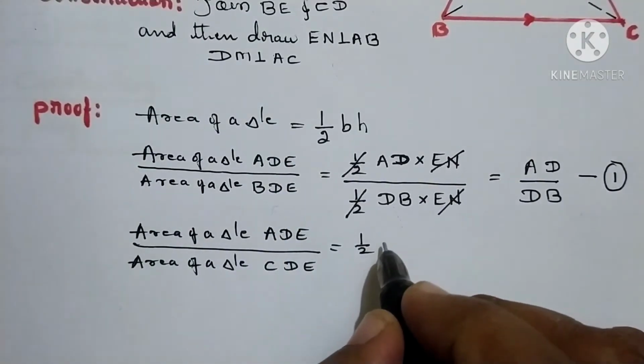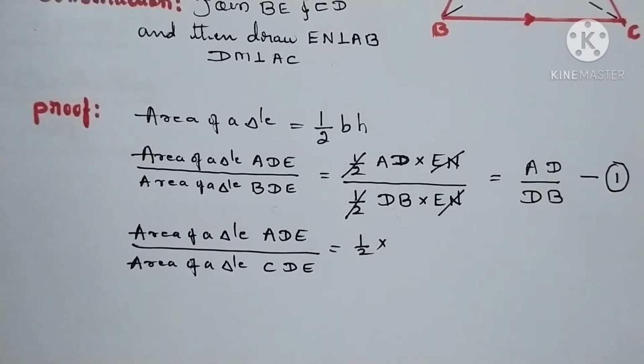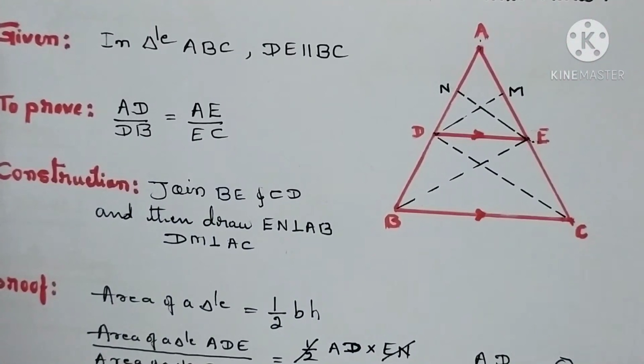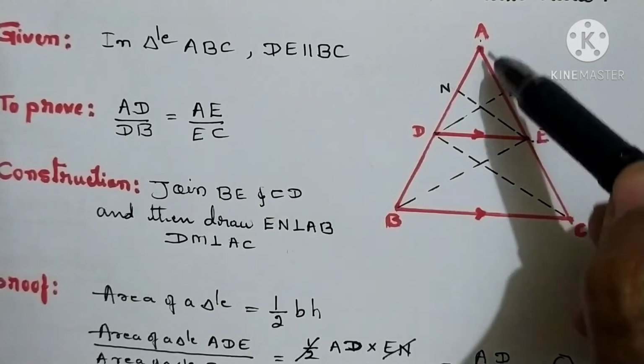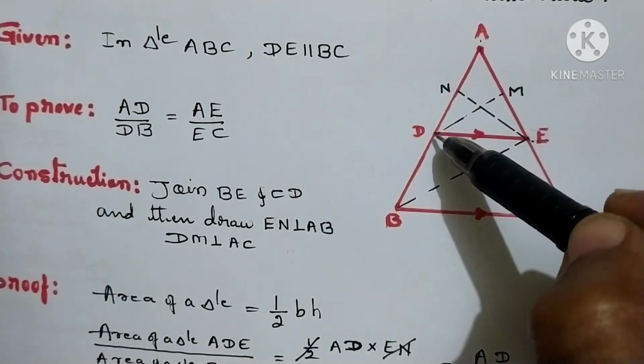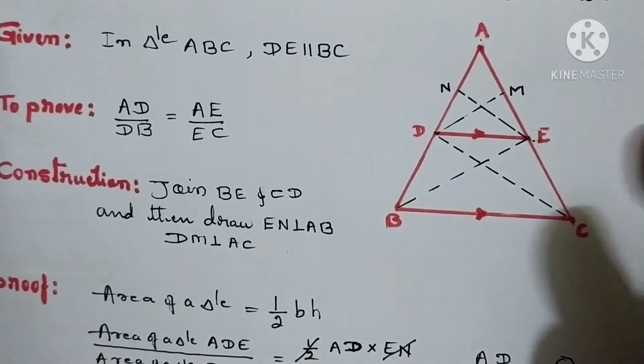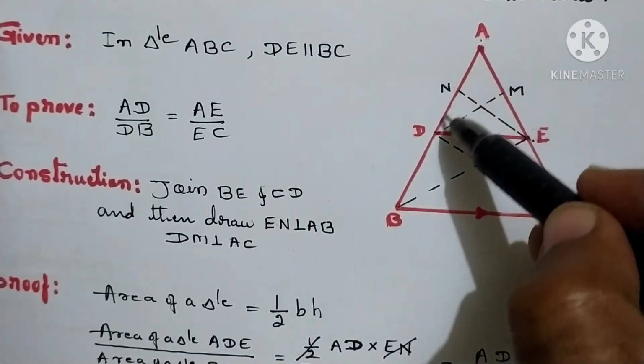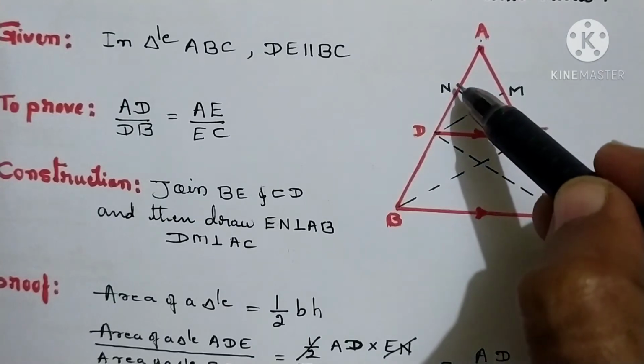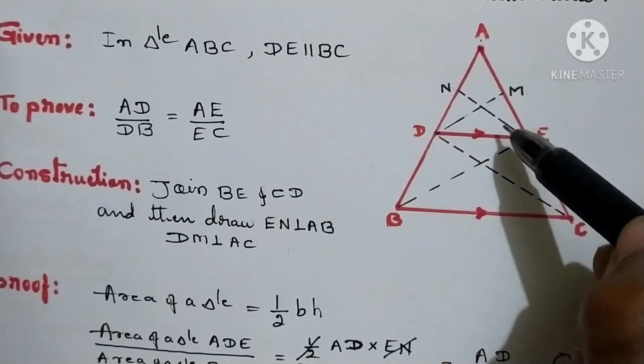Now base you should take AE, this side you see AE as the base, and DM is the height of this triangle. So the first time we took AD as the base and EN as the height of this triangle.